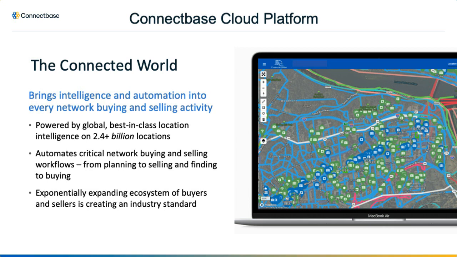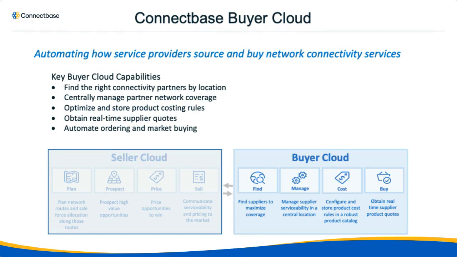So for today's session, we're going to focus on the Buyer Cloud that helps you find the right connectivity partners by location, manage those partners, optimize and store product costing rules, automate your ability to reach out to new potential partners, obtain real-time quotes, and automate the ordering and market buying.